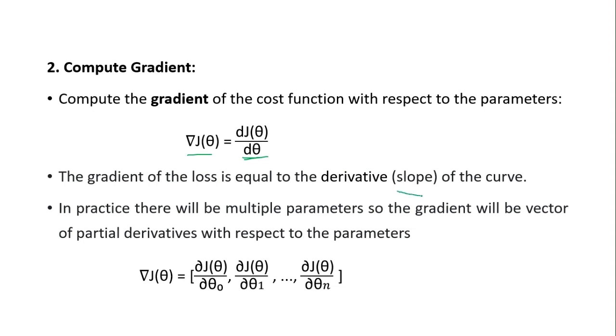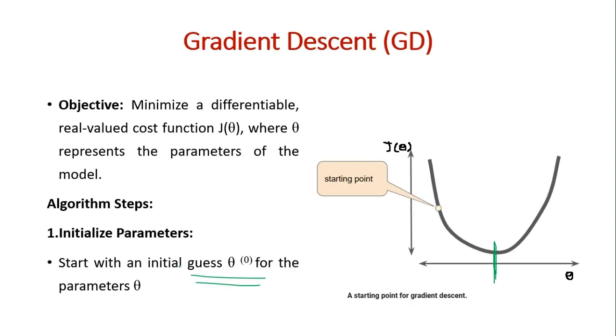Okay. Now, what is the second step? Initially, we have defined the theta 0, that means the point here. Theta 0 is the first point. Now, our aim is to find the theta in such a way that for that value of theta, J of theta is minimum, isn't it? So, we should proceed from here to here.